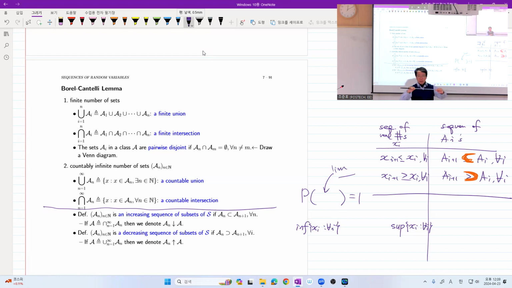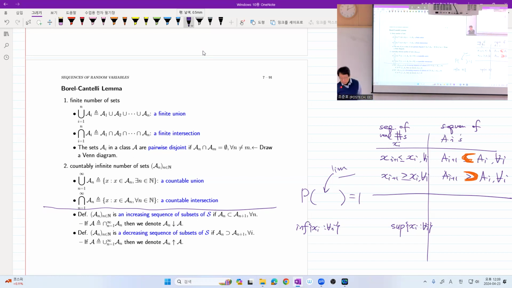What happens? It increases and converges to 1, but 1 is never achieved. So instead of using max and min, we sometimes love supremum and infimum. And also, by including plus and minus infinity, you may always say that they exist, right? So this could be positive infinity and this could be negative infinity, but anyway, they always exist.